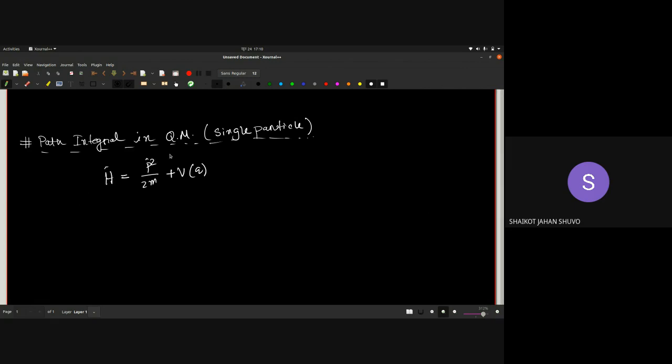If you are confused, you can put a hat over them. But usually we don't. It should be clear from the context. In fact, this Q over here is also an operator. And the Schrodinger equation, as you already know, is something like this.